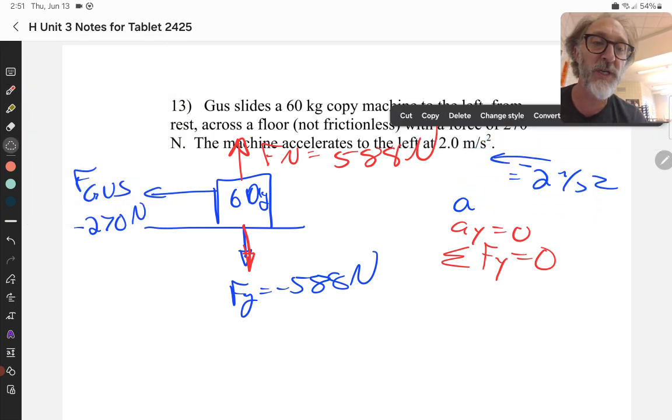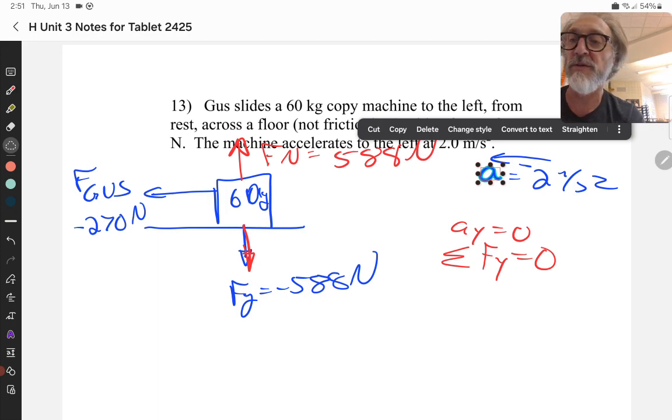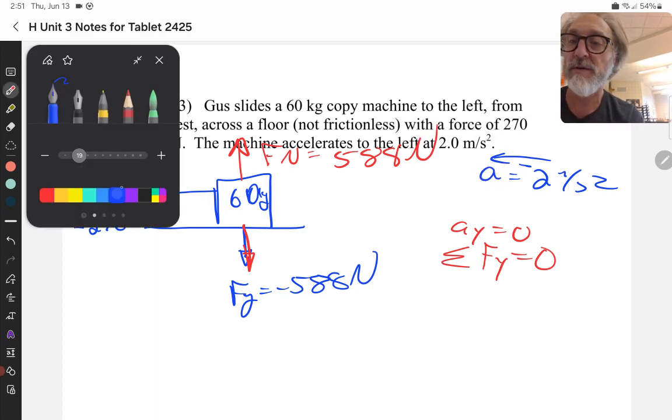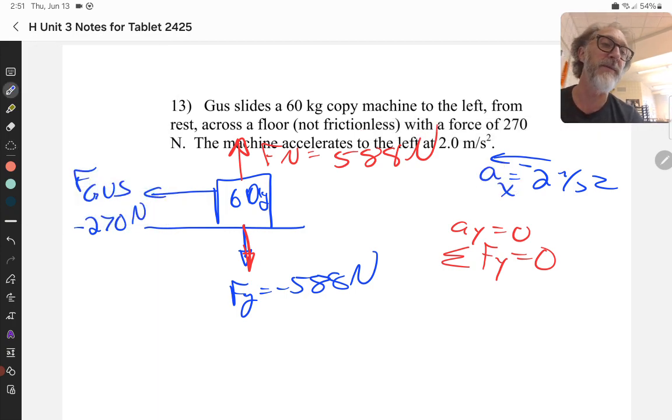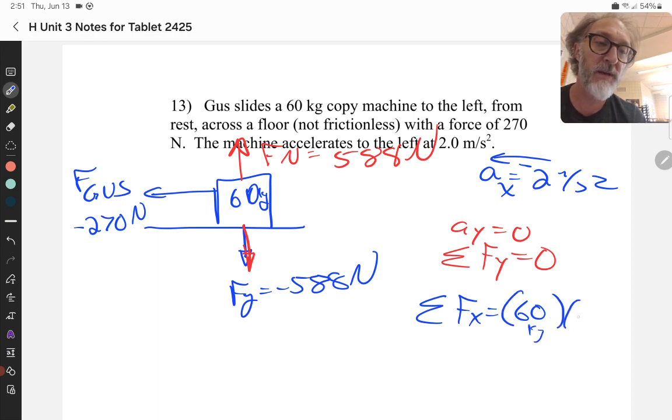This acceleration here is, in fact, horizontal. And so I can find my net force horizontally by doing mass times acceleration. Cool, so there's my net force horizontally.